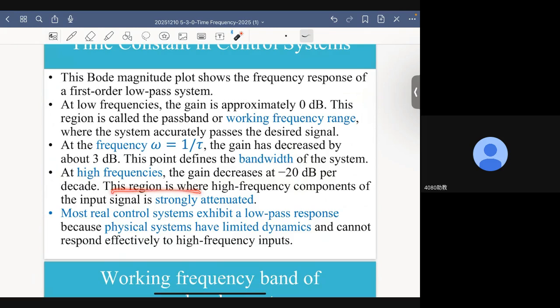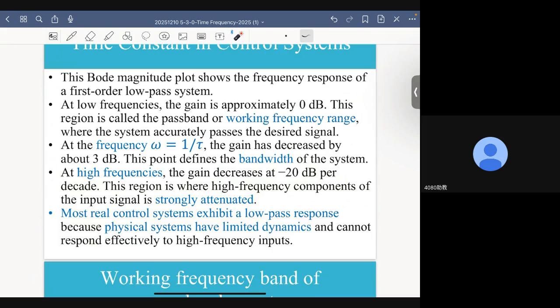This region is where high frequency components of the input signal are strongly attenuated, okay? So we cannot expect the high frequency components of our input to be faithfully reproduced at the output end of the system, all right? Most real control systems exhibit a low pass response, okay?